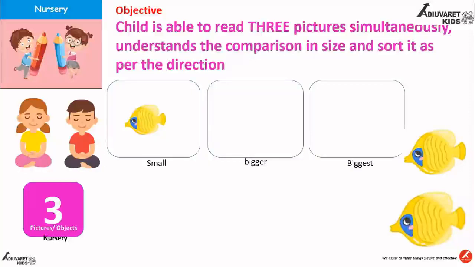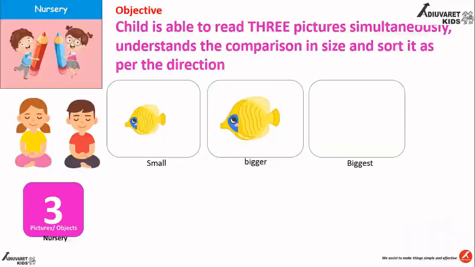Second, the child will look for the next bigger fish as compared to the small one, pick that fish which is a little bigger, and put it in the box given for the little bigger fish. And once the child is able to do that, finally the child will pick the biggest fish out of these 3 and put it in the box provided for the biggest fish.